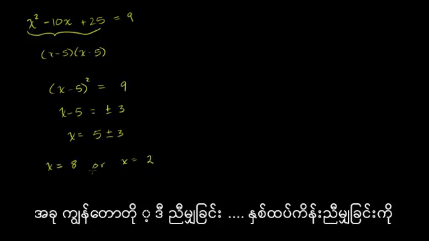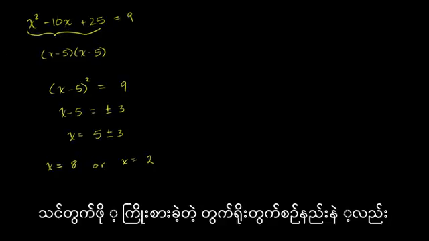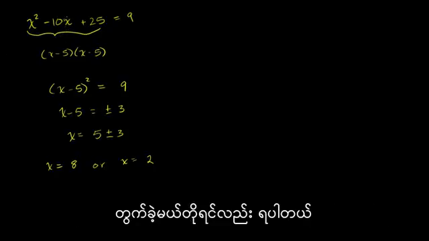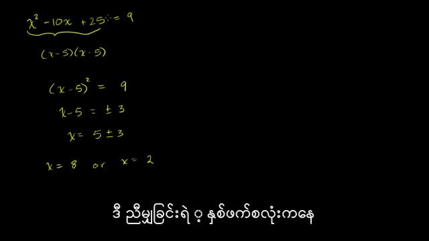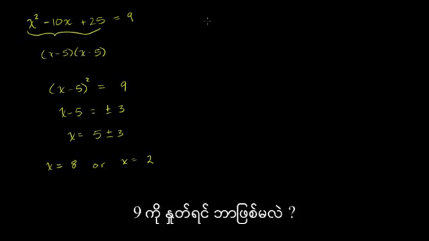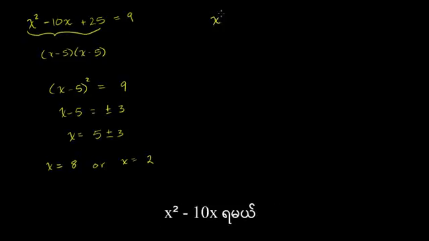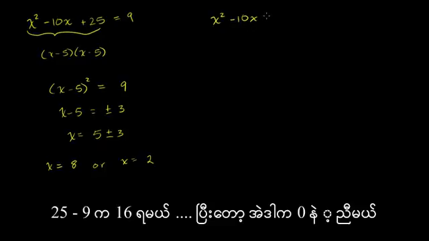Now, we could have done this quadratic equation the traditional way, the way you were tempted to do it. What happens if you subtract 9 from both sides of this equation? You'll get x squared minus 10x, and what's 25 minus 9? 25 minus 9 is 16. And that would be equal to 0.